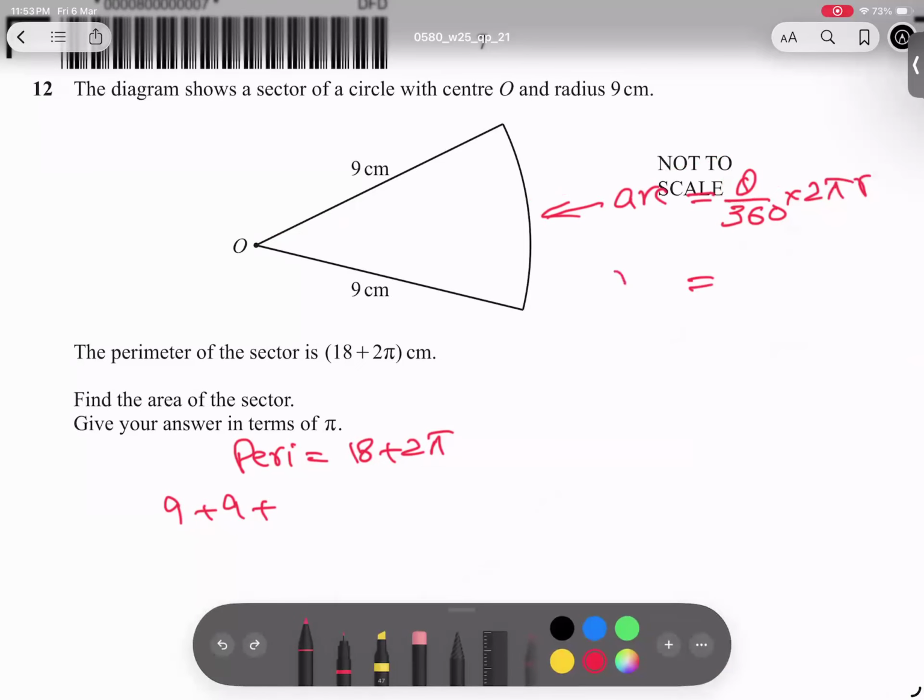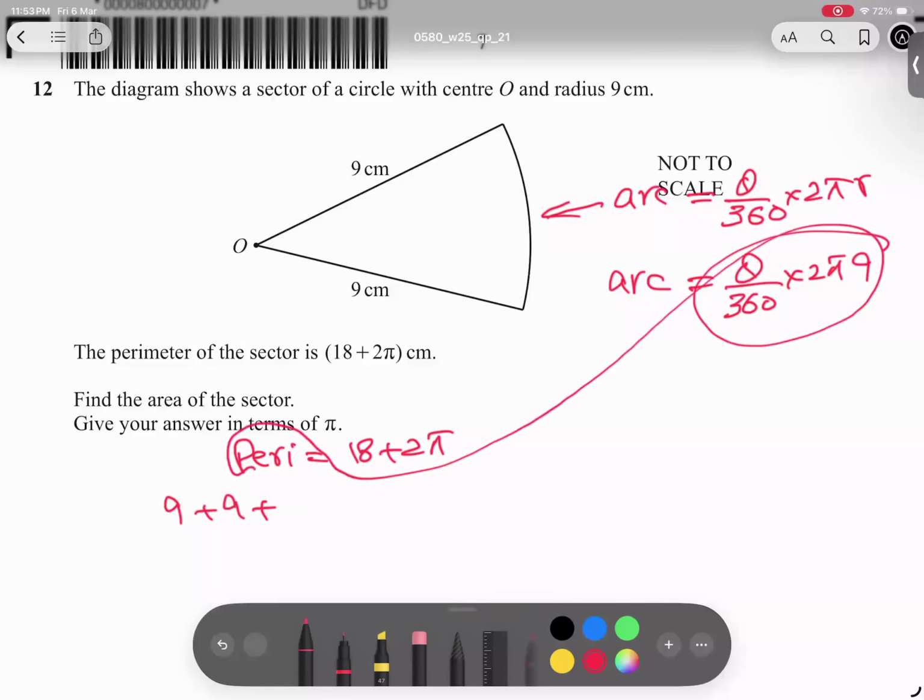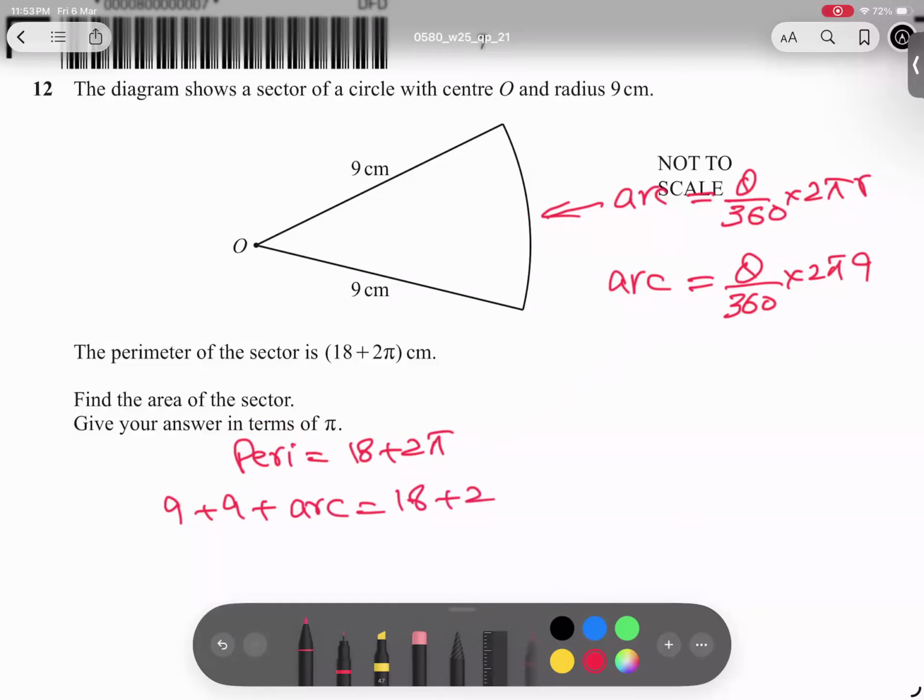So I'm writing here arc length is theta unknown, and I will find theta. And what is the radius? 9 centimeters. I'm writing 9. So this whole value I'm going to copy in the place of arc, because I'm looking for the arc equal to 18 plus 2 pi.